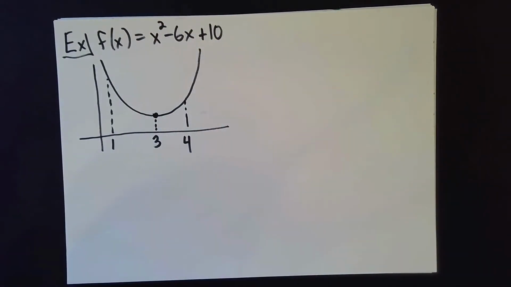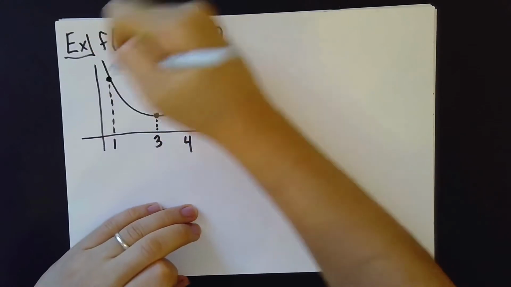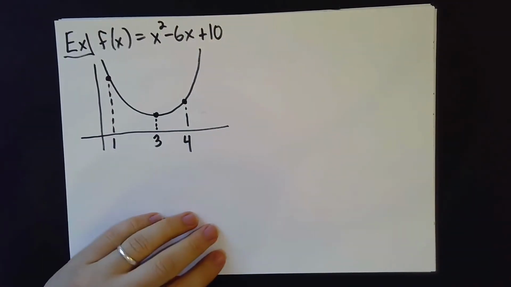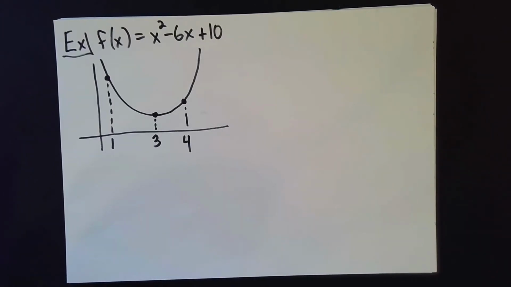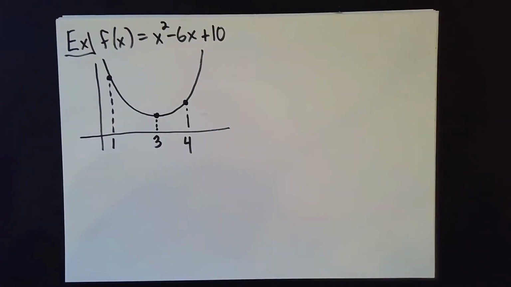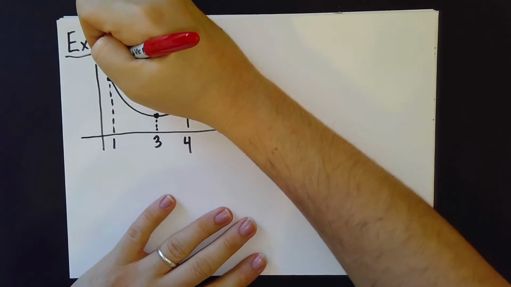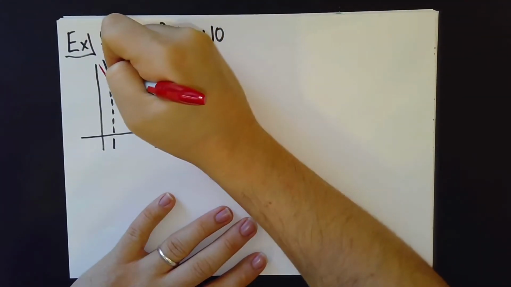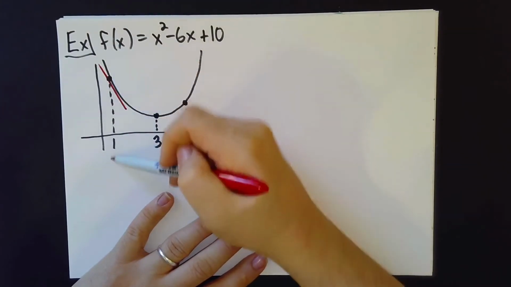And what I want to do before we go much further is to find the equations of these three tangent lines that I drew before. So let's do the red one first. So that one is going to be this line. Okay. So I want to find the equation of this line.